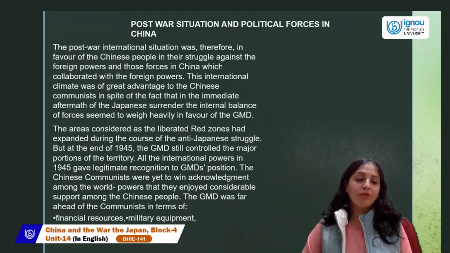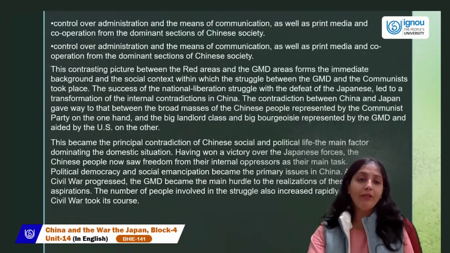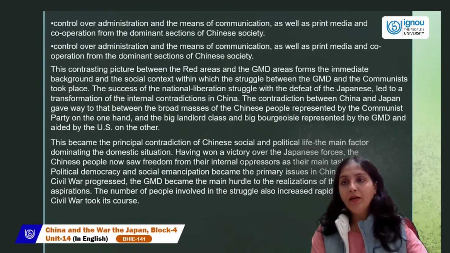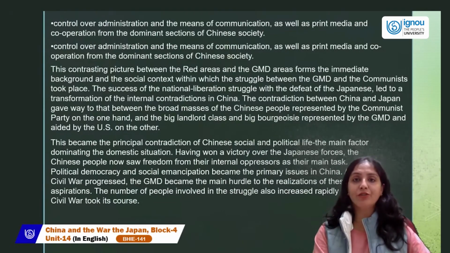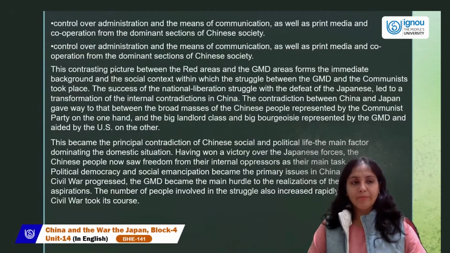The Kuomintang was far ahead of the communists in terms of financial resources, military equipment, control over administration, means of communication, print media, and cooperation from the dominant sections of Chinese society.